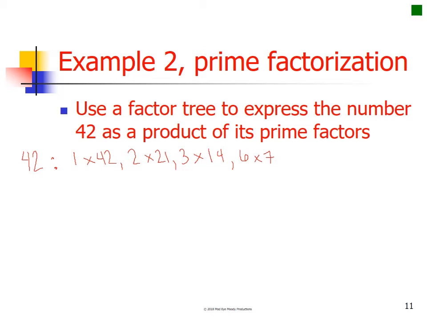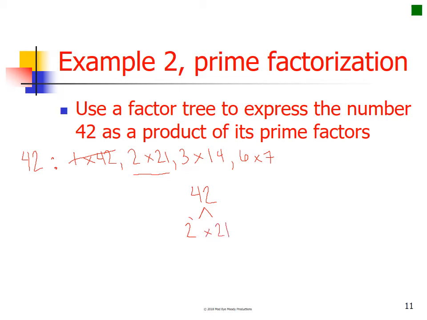So I definitely don't want to use the 1 and the 42, but I can pick any other factor pair I'd like. So I'm going to do 2 times 21. Okay, so I'm going to rewrite my number, 42, and I'm going to use these little branches here. Some people call it the caret, but since it's a factor tree, I'm going to call them branches. We have 2 times 21.